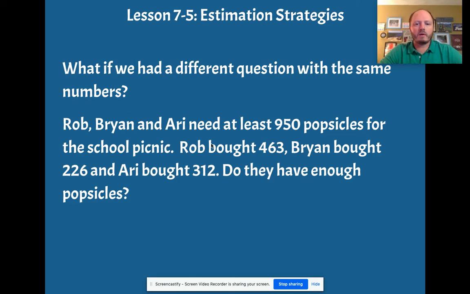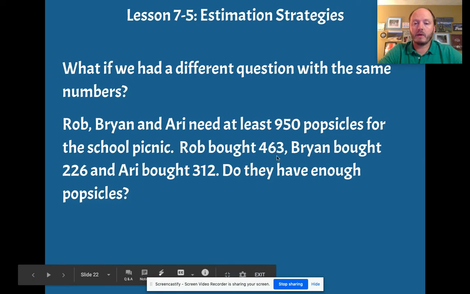Rob, Brian, and Ari need at least 950 popsicles for the school picnic. Rob bought 463, Brian bought 226, and Ari bought 312. Do they have enough popsicles? So, slightly different question, but same type of problem.